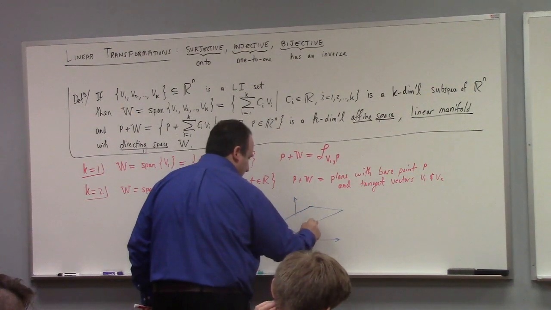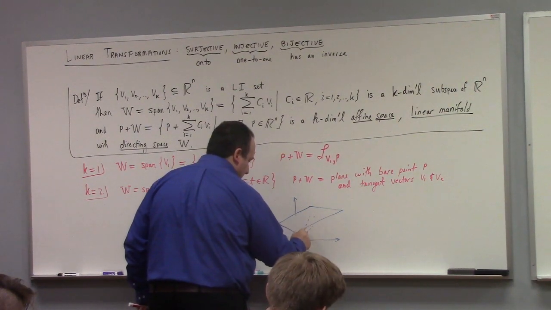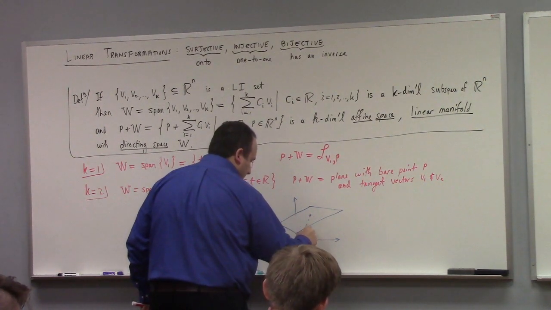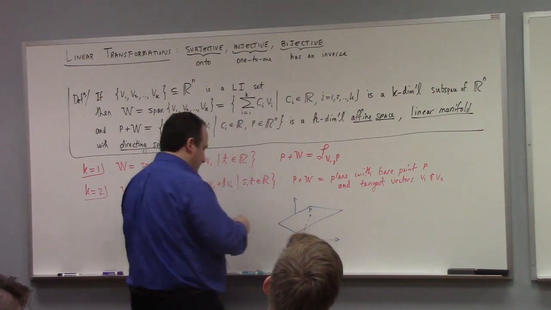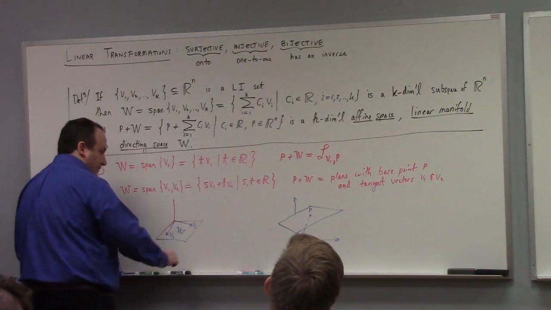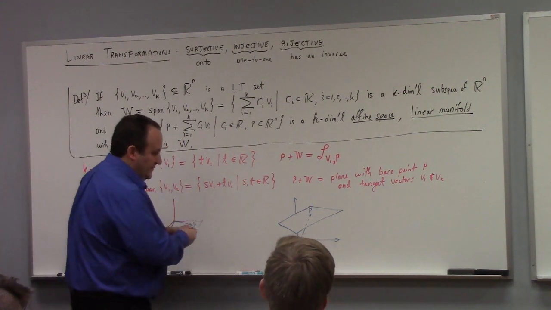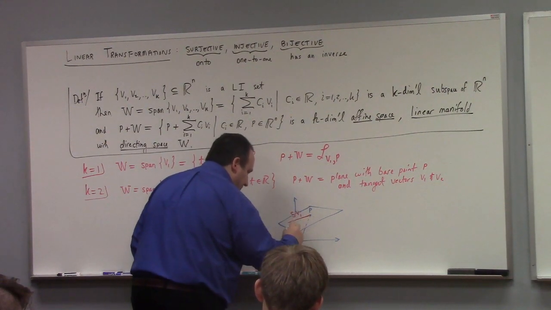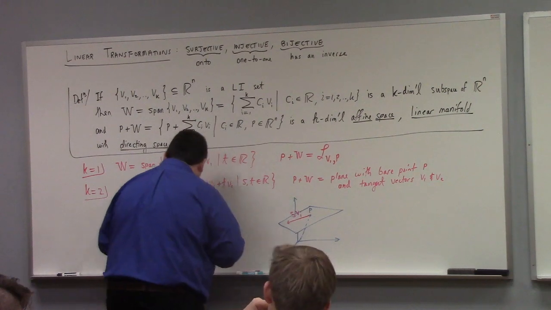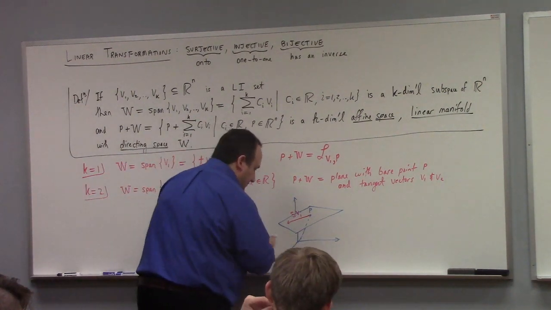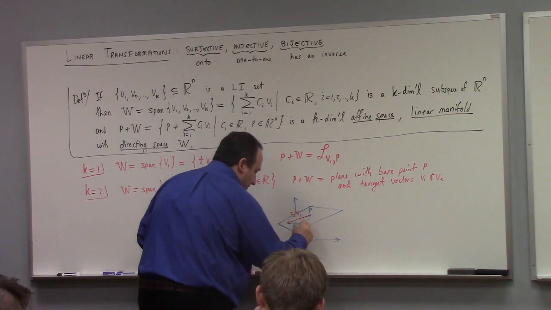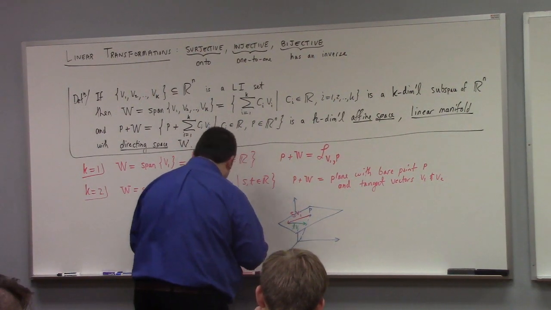Here's my base point P to start out the plane, and to get to an arbitrary point on the plane, I go s copies of v1 over to here, and then t copies of v2 over there to get my arbitrary point on the plane.